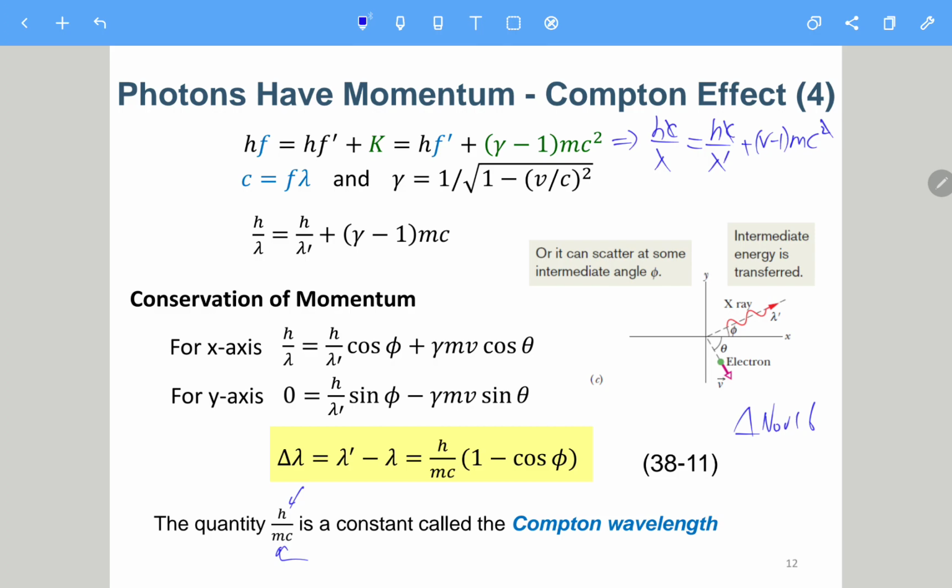And m is only related to the mass of the particle. For this one, it is an electron. So for a specific particle, then it should be a constant. And it is inversely proportional to the mass, which means that the lighter the particle is, the longer the wavelength is.